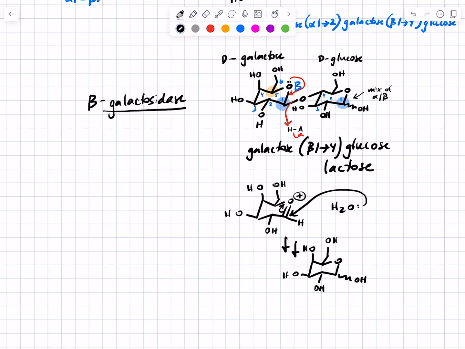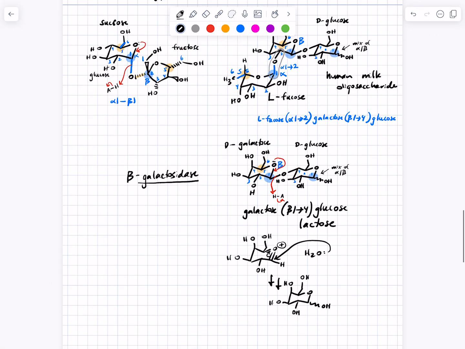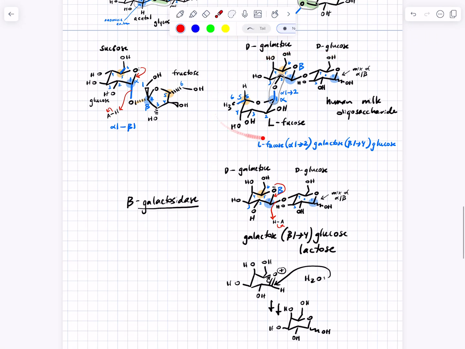Now, in the GI tracts of infants that are getting most of their carbohydrate nutrition from human milk oligosaccharides, it makes sense for them to express this enzyme, right?